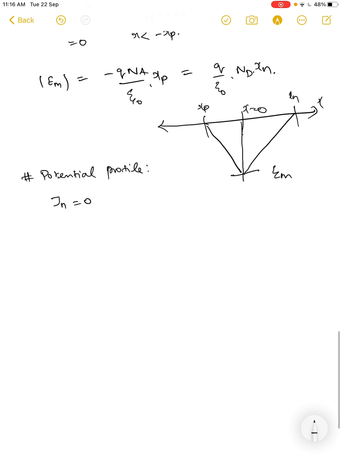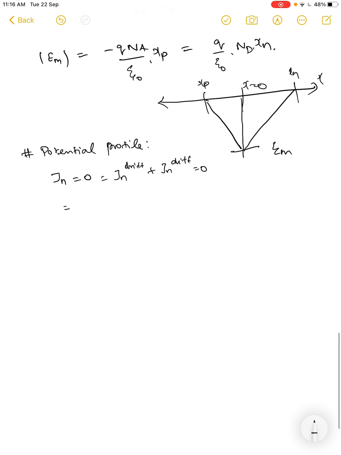Total current Jn is 0, which gave us the drift and the diffusion components, Jn drift plus Jn diffusion, the summation to be 0, and for Jn drift we thought that n mu n e E plus e Dn dn by dx equals 0.